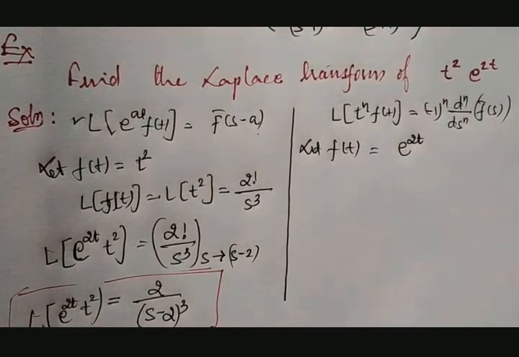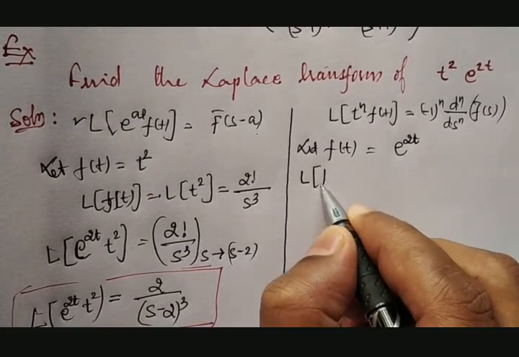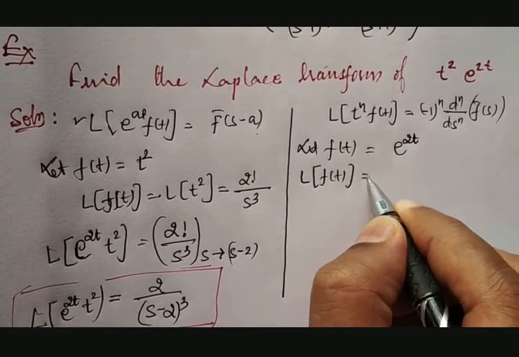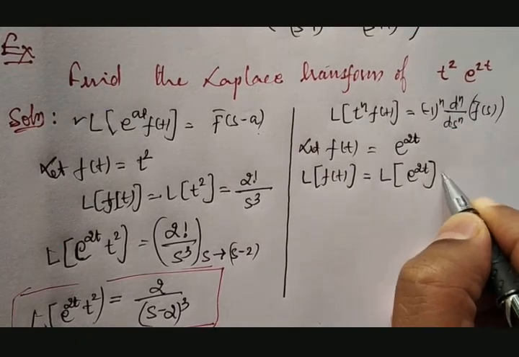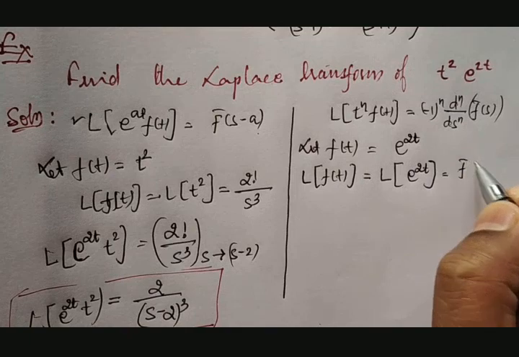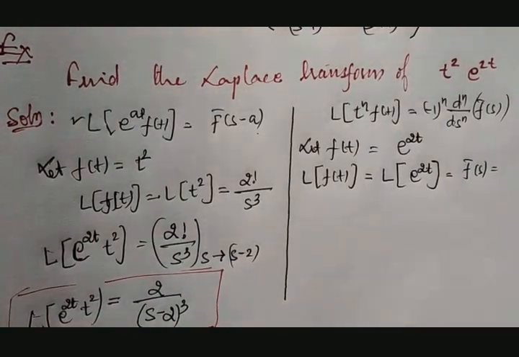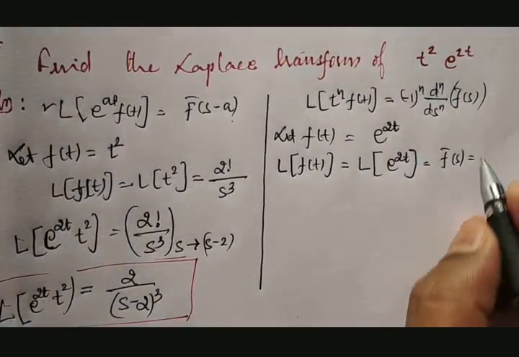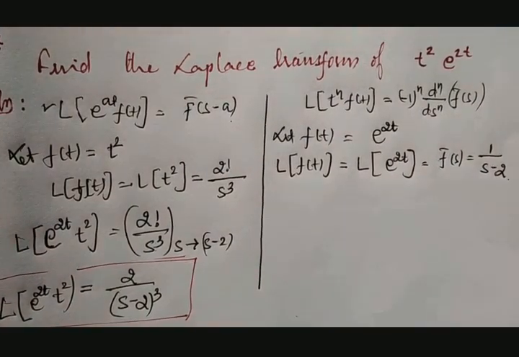If I take this one, then we need to take Laplace transformation of this. So Laplace transform of this f of t is nothing but Laplace transformation of e raised to 2t, which will be treated as f bar of s, that is equal to, what is Laplace transformation of e raised to 2t? That is 1 divided by s minus 2.